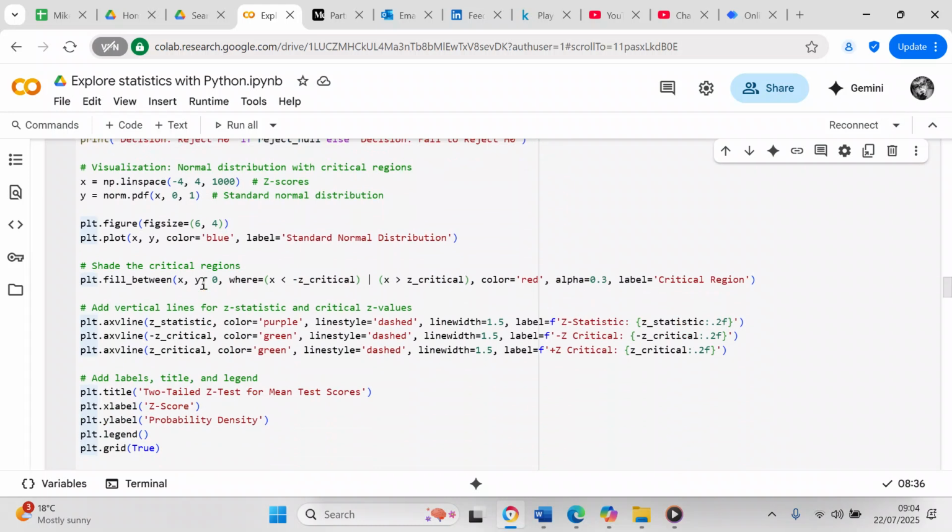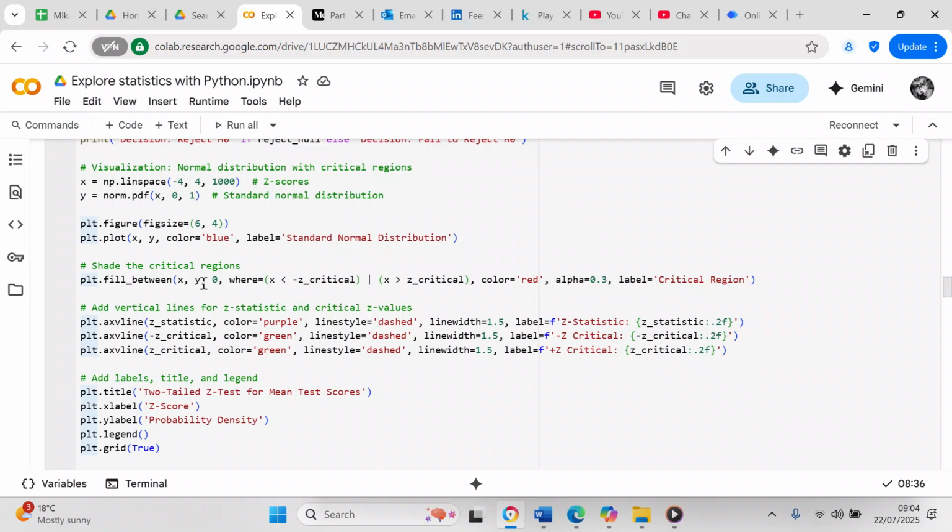And y equals norm.pdf, that's the probability density function, brackets x, 0, 1, and that's your standard normal distribution. We're going to plot the figure on a graph. So plt.figure brackets figsize equals 6, 4, and plt.plot brackets x, y, color equals blue, label equals standard normal distribution.